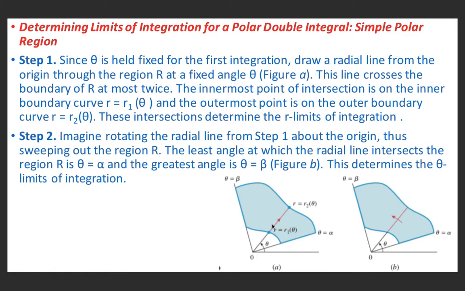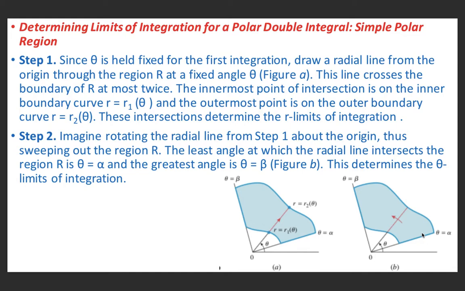This is drawn from the origin through the region R. We imagine this radial line rotating about the origin and sweeping out the area in the region R. So the least angle at which the radial line intersects is theta equal to alpha, and the greatest angle is theta equal to beta. So these determine the theta limits of integration.